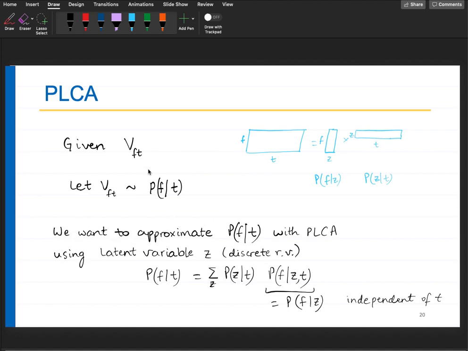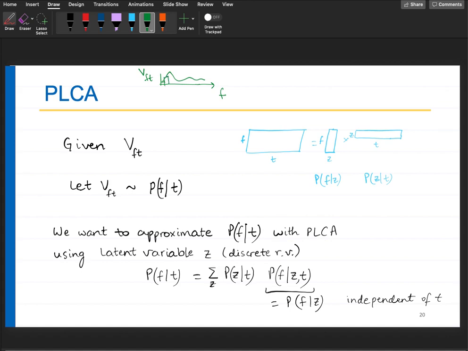Now we assume that V_FT is coming from an underlying distribution P(F|T). So something like this. Let us say you have got a vector like this, this is your F and this is your V_FT. Assume that this is like a histogram.